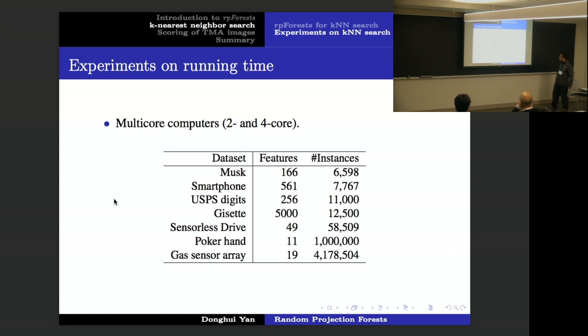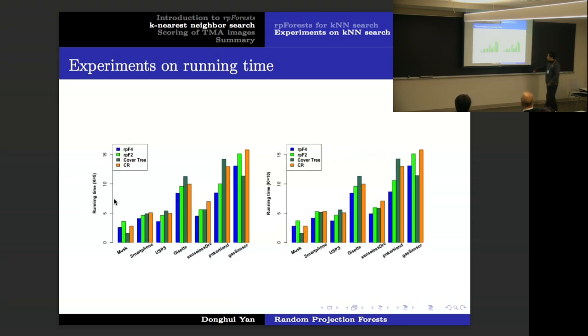This is the result for 4 cores, 2 cores, and this is the time by other methods like cover trees. In most of those data sets, these 2 are the results by random projection for us, and we have the lowest computation time.